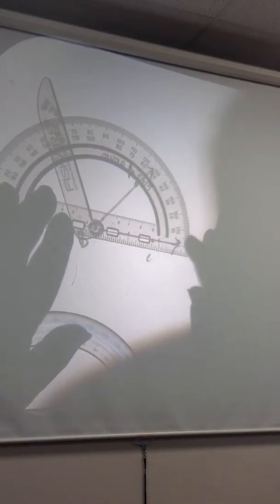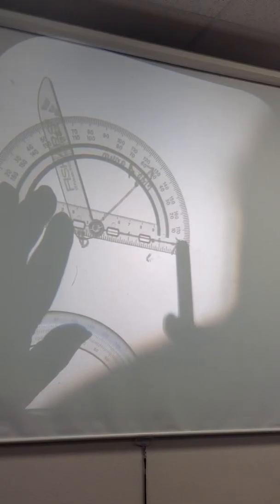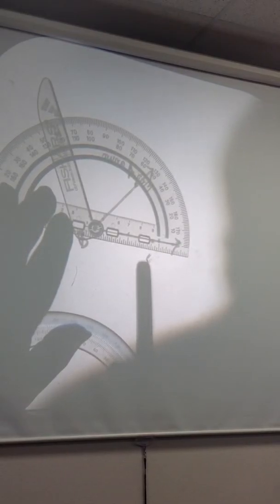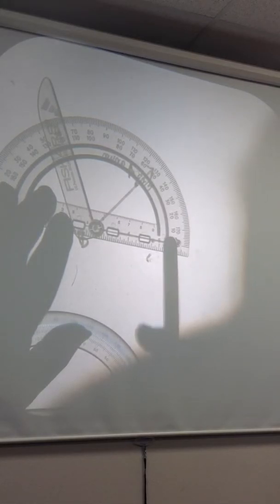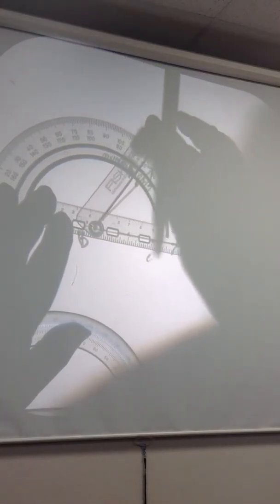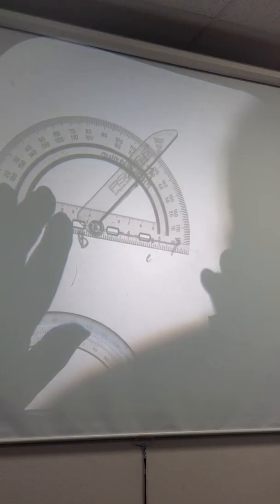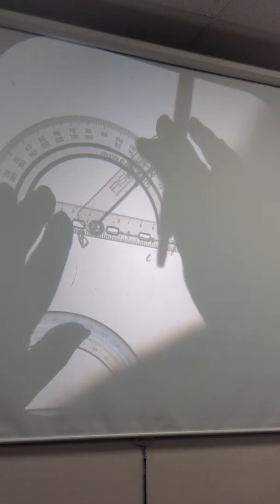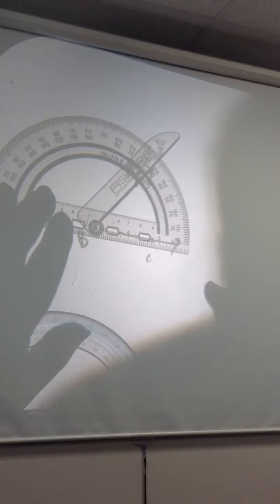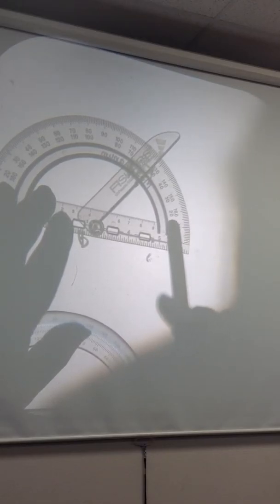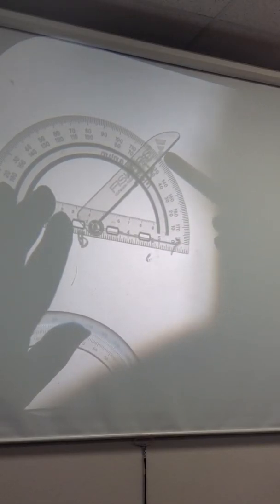Now, since they start at 0, not 180, we have to start at 0. Where is the 0? Here or here? It's on the inside. You see what I'm saying? The 0 point is on the inside, so that's the side I'm going to read. Now, this particular kind of protractor is really handy because it's got a little gizmo here that'll pull it over there and you can read how many degrees it is. We're reading the inside, so it looks to me like it's about 52 degrees.